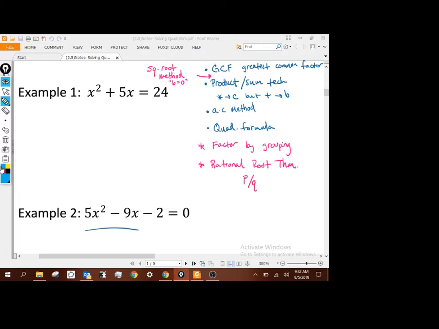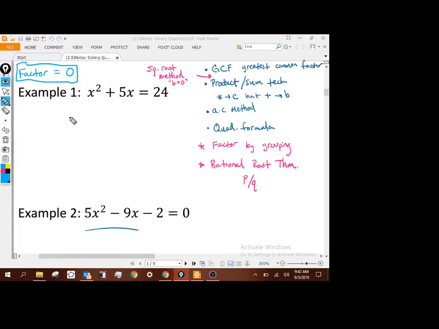So with this idea in mind, every time you factor, you need the equation equal to 0. In my mind, whenever I see x squared or x cubed or x to the 4th in an equation, I see this thing right here.